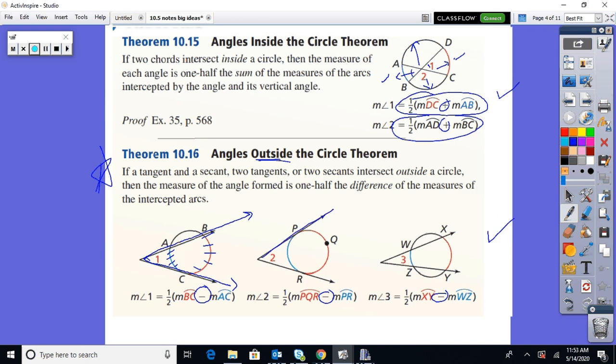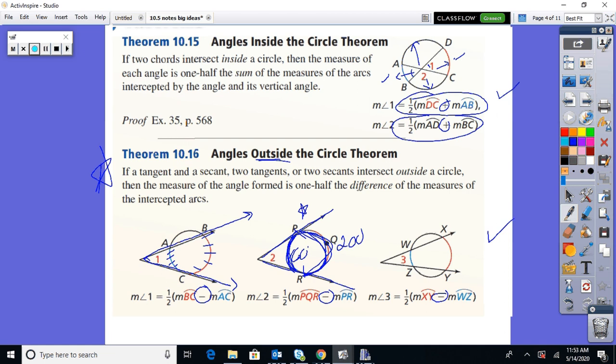If you've got two tangents, then the two arcs together make up the whole circle. So this arc and this arc together make 360. Sometimes they'll give you less information, like if they give you this as 200, then you know that this would have to be 160.